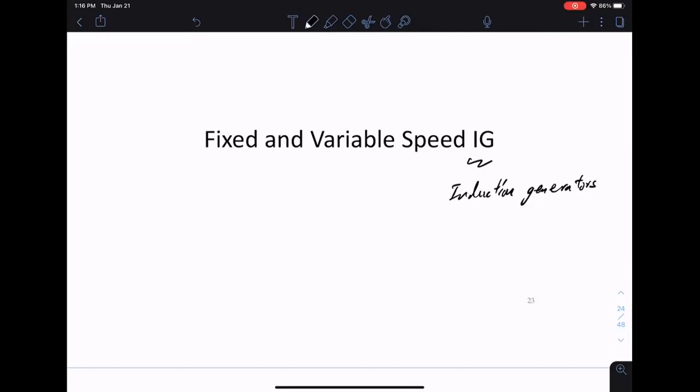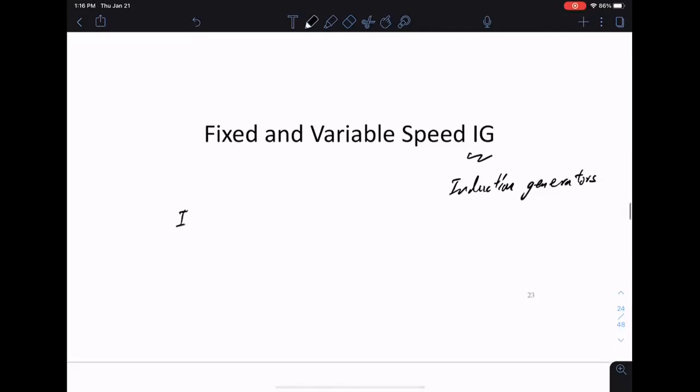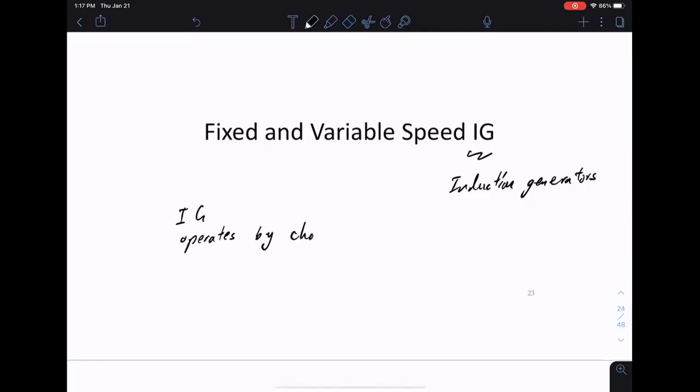The reason we talk about fixed or variable speed is because of how induction generators work, for folks who still remember 351. We have an induction machine, just a generator or load. This operates by varying, by changing the slip.